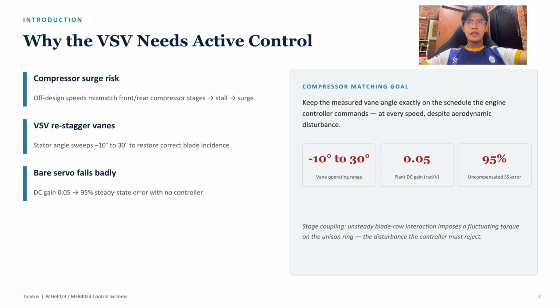Here's the catch. If you just wire the servo motor with no controller, it only reaches about 5% of where you told it to go. That's a 95% steady state error, which is obviously unstable. That is the whole reason this project exists.